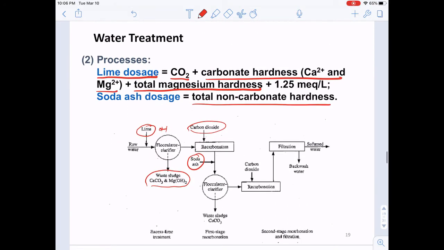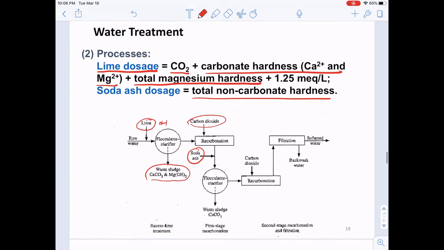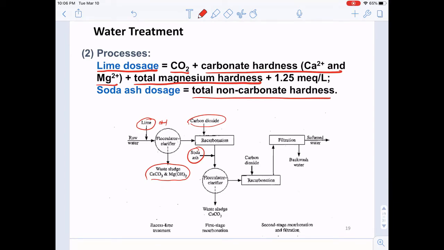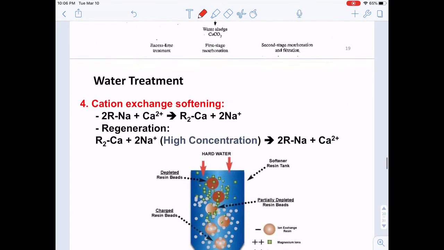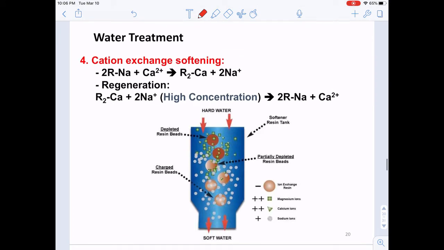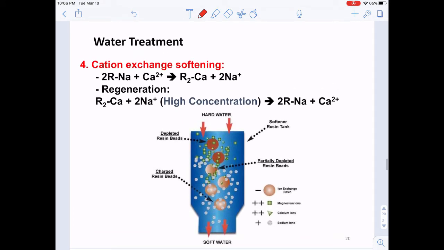All right. So this is all about the softening, right? This is the lime soda softening. We can also use cation exchange softening. What happens is that we can use special types of compounds that are going to exchange the cations, and then we can further regenerate these compounds through further processes, so this is in a cycled manner, right?